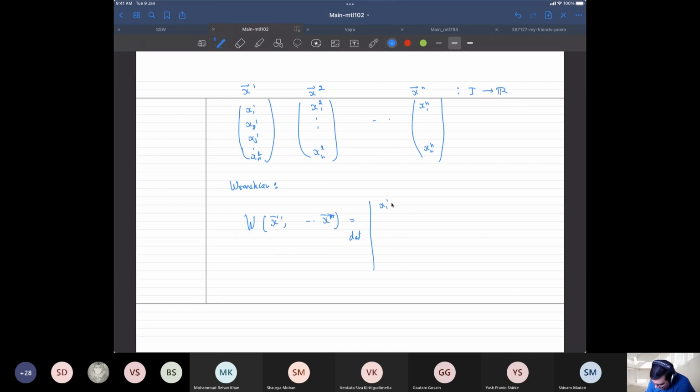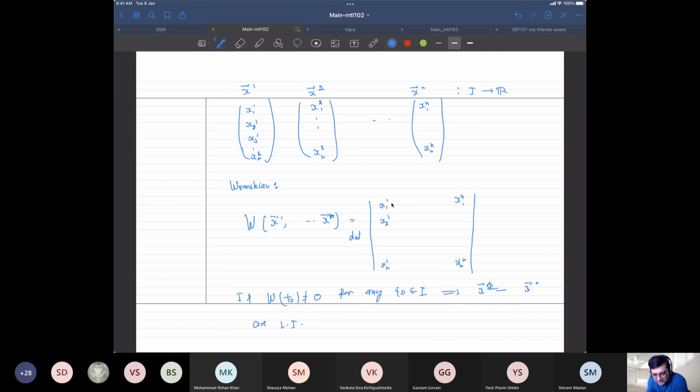It will be x^1_1, x^1_2, up to x^1_n, and similarly down to x^n_1 through x^n_n. And if the Wronskian at some t naught in I is not equal to 0, this implies that these vectors x^1 to x^n are linearly independent.